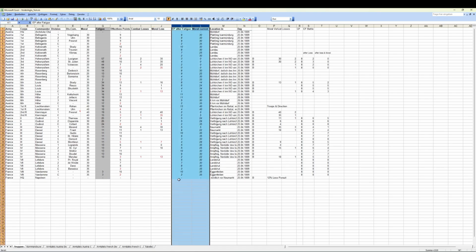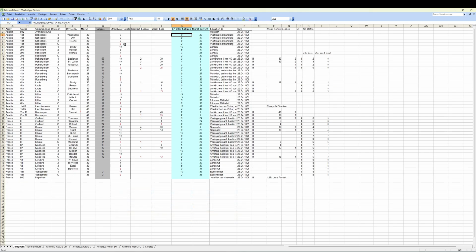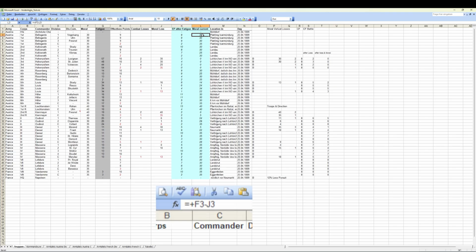The first one calculates the current manpower in efficiency points, taking fatigue and losses into account. Fatigue reduces the number of deployable soldiers, with 1 point of fatigue corresponding to 1% loss of manpower. The second value represents the current morale and only subtracts the morale loss from the starting value.